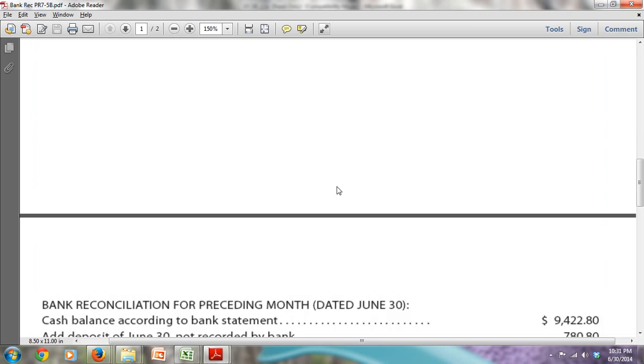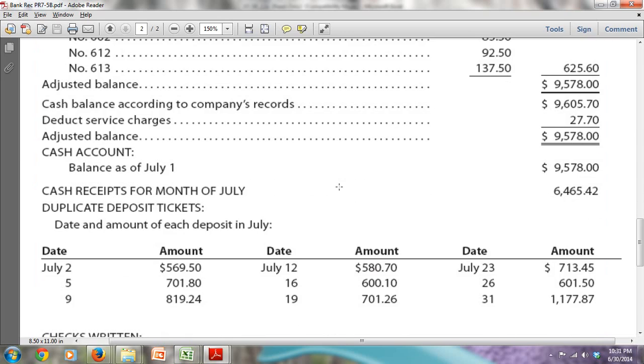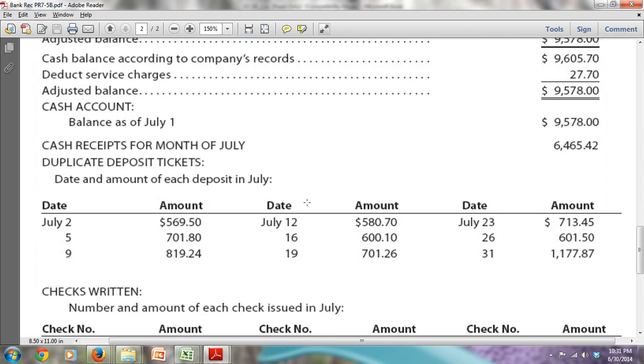So we go back down to our book deposit section. So let's see. Let me get some scratch paper here. So we have a deposit of $569.50, a deposit of $701.80.